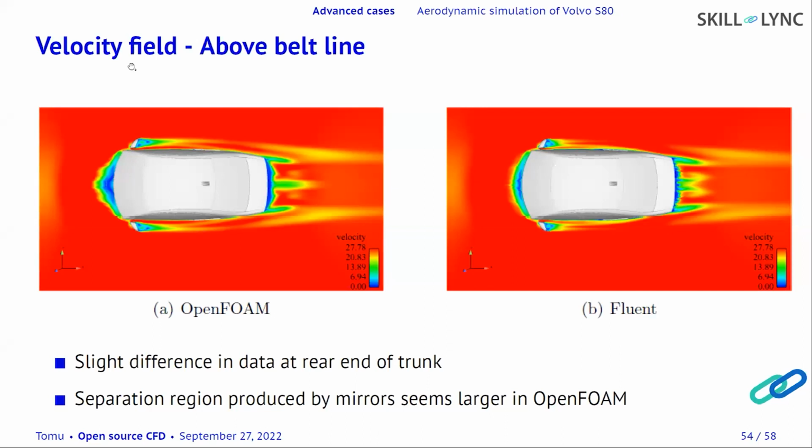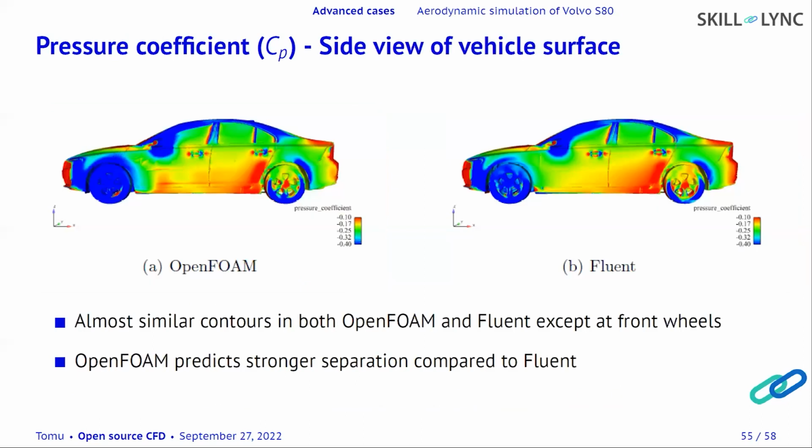Similar to all our previous cases, here also we are checking the pressure coefficient values. Here we have plotted the pressure coefficient values over the surface of the vehicle. You can see the contour looks very similar in all the regions except the front tire. In the front tire region, you can see in OpenFOAM there is a darker blue region, whereas in ANSYS Fluent it is lighter. A darker region essentially means a much lower value.